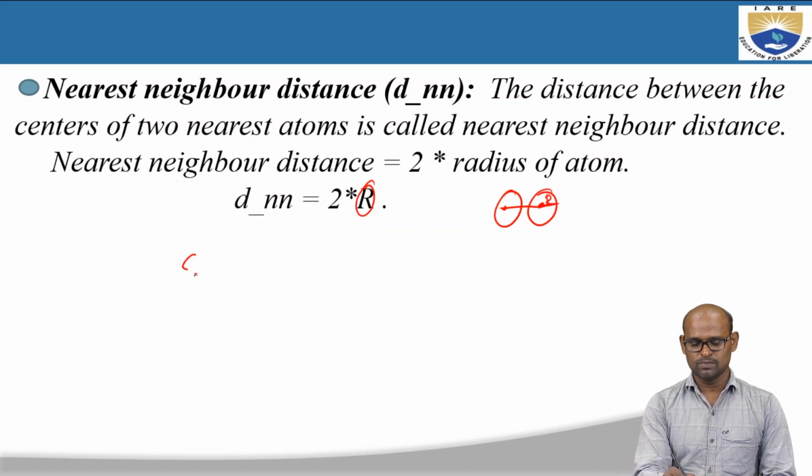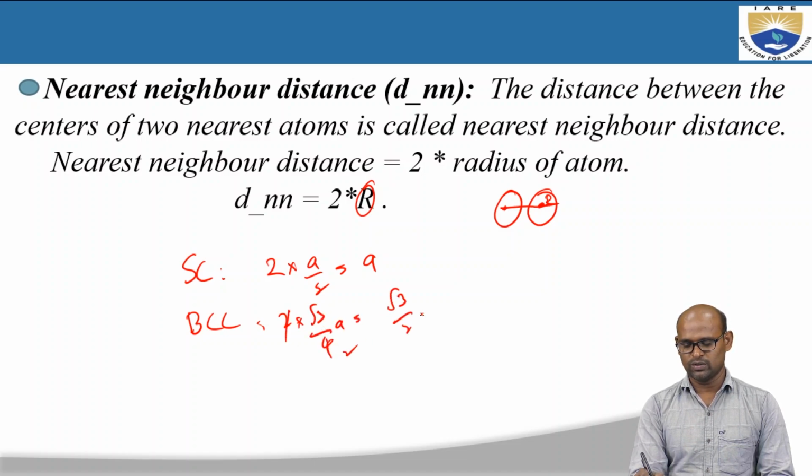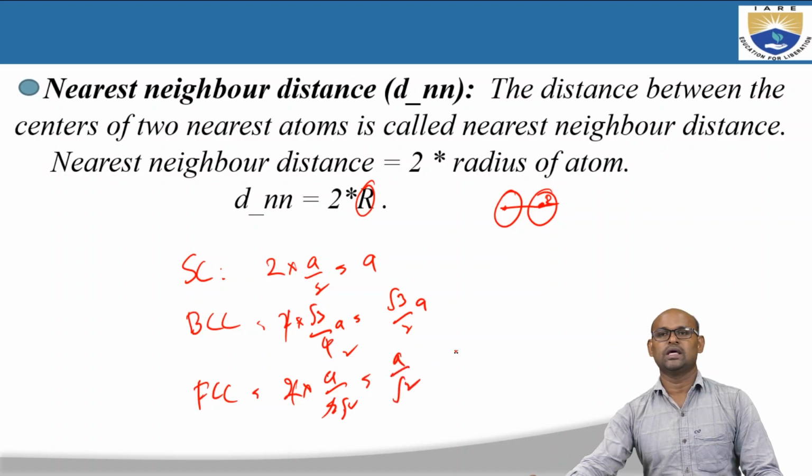So for simple cubic, nearest neighbor distance is 2 into r, so 2 into a by 2, that is a. For body centered cubic, 2 into square root 3 by 4 into a, so that is square root 3 by 2 into a. For FCC, 2 into radius of atom, 2 into a by 2 root 2, so 2 cancels, so a by root 2 is the nearest neighbor distance.